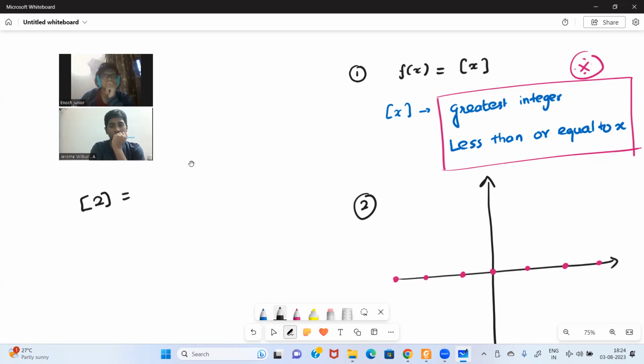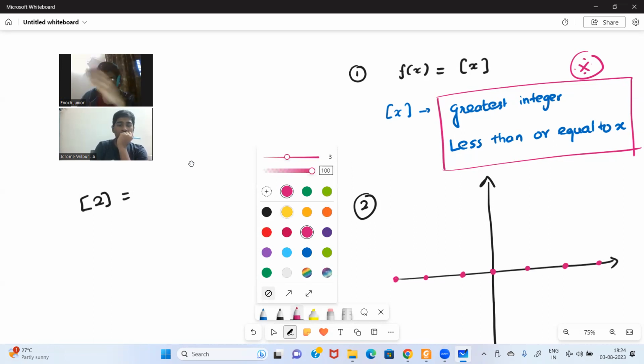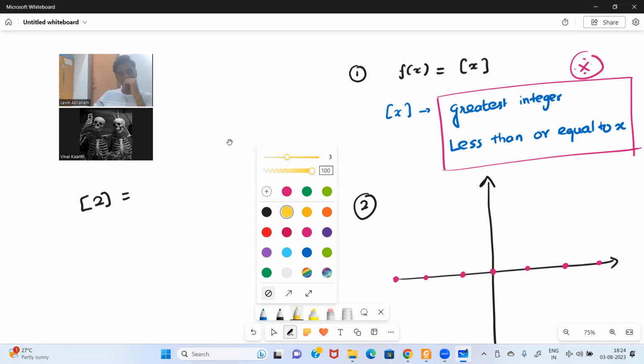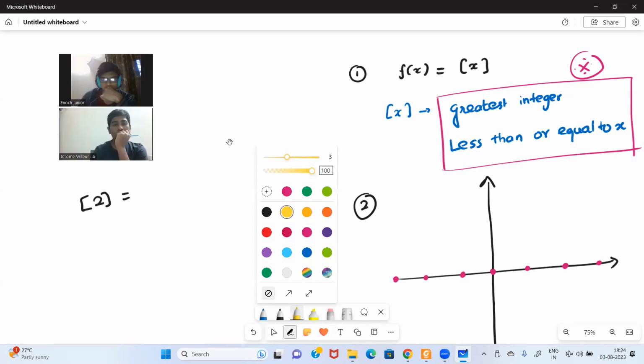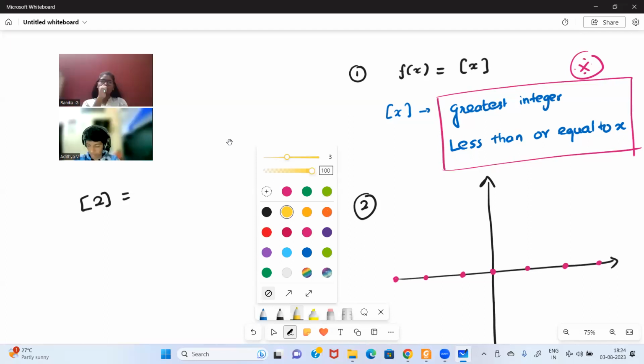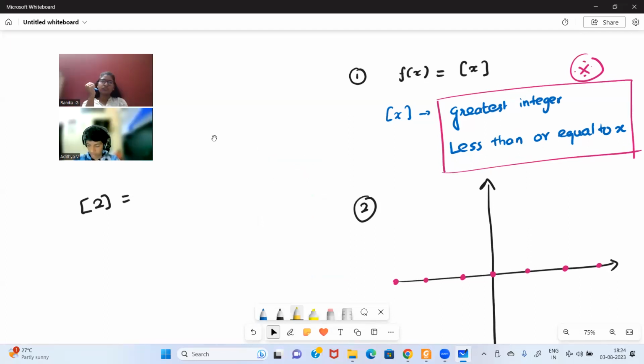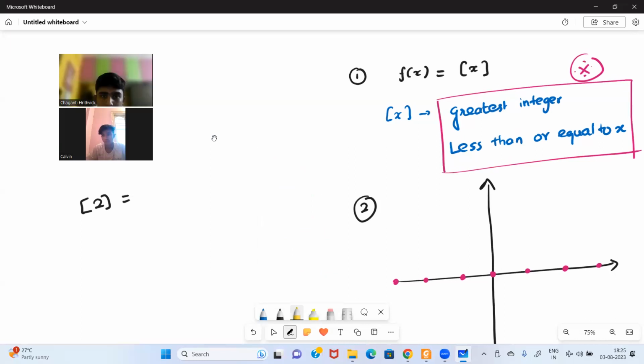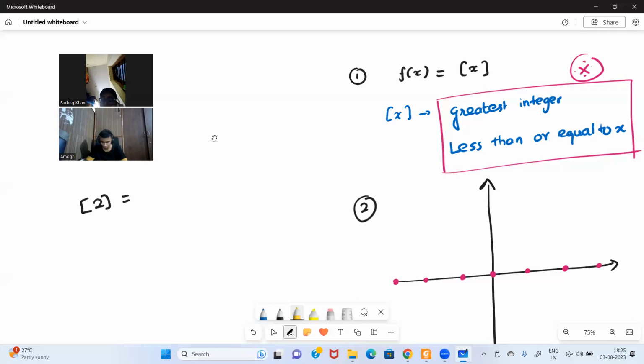Everything. All values are less than or equal to 2. Who is answering that one? Amok, yes. Not everything, Amok. Okay. Now let me tell you guys. Anybody else want to give it another attempt? Last attempt. Anybody?